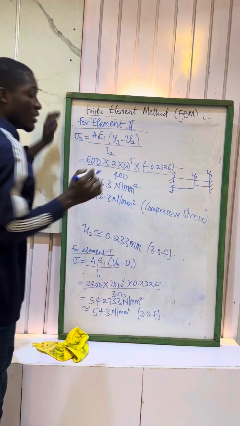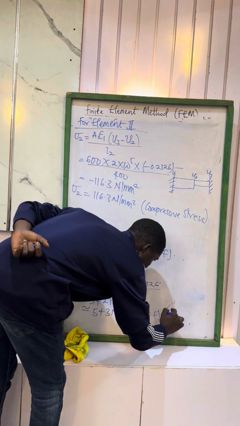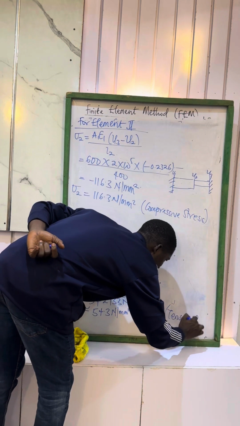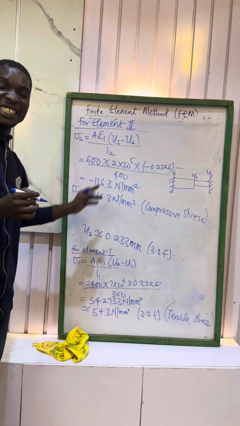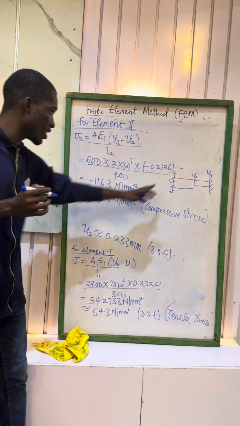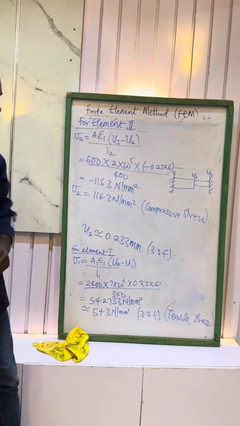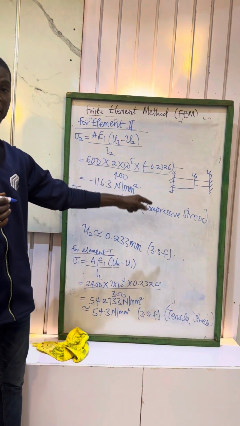You can remember this from strength of materials too. So, this is tensile stress. So this is the stress induced in this second element, and the stress induced in this first element is 54.3 Newton per millimeter squared. But remember, this is tensile stress, and this was compressive stress.